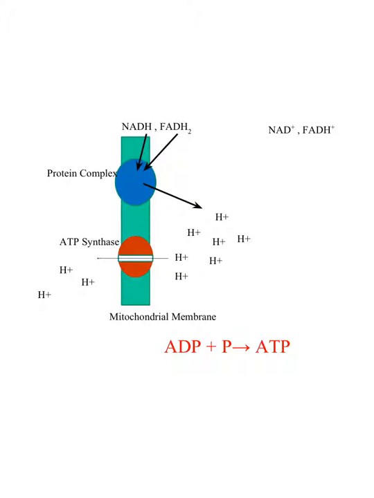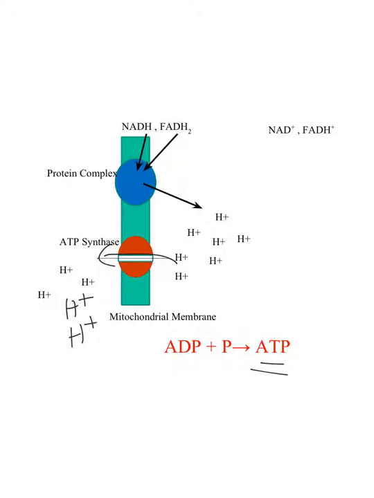So if we no longer have a net flow of hydrogen ions from point A to point B, then production of ATP eventually stops. As more hydrogens accumulate here, we have to have some way of getting rid of them.